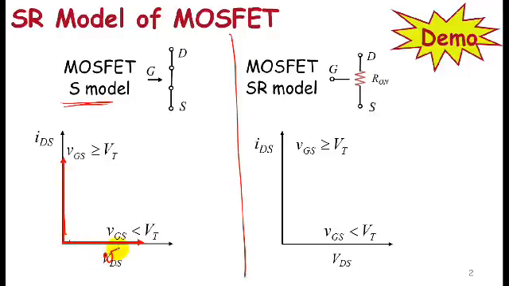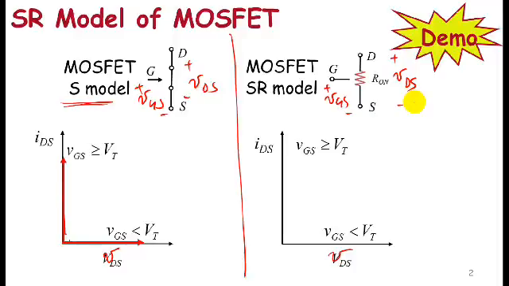I should write this as small VDS, and this should be small VDS as well. So this is VDS, and this voltage between the gate and the source is VGS. Similarly here, VGS between gate and source, and VDS between the drain and the source terminals.